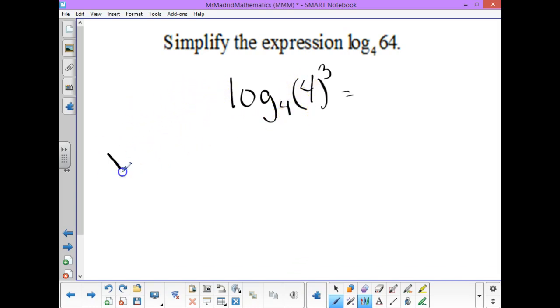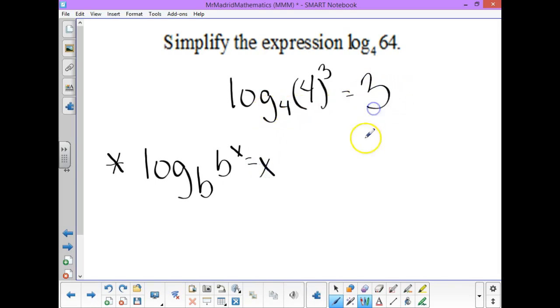Anytime you have formulas, write them, and write them again. Why? They just stick in your head. The formula said what? Log base b of b to the x equals x. So that's appropriate here, and I get a response of 3. Okay. What else we got here?